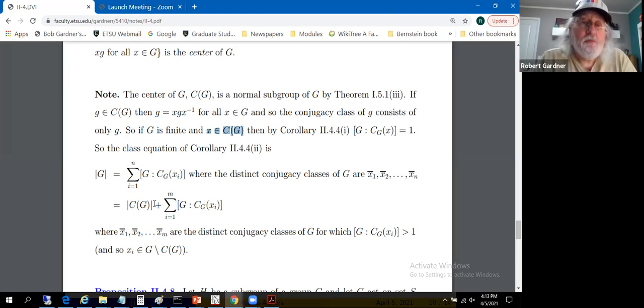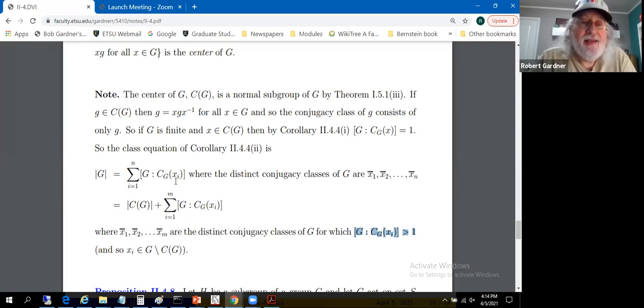There's a total of the cardinality of the center of G 1s here, and whatever's left over. So what we then get is a sum, say, from i equals 1 to m of the remaining indices, where all these remaining indices are of cardinality strictly greater than 1.